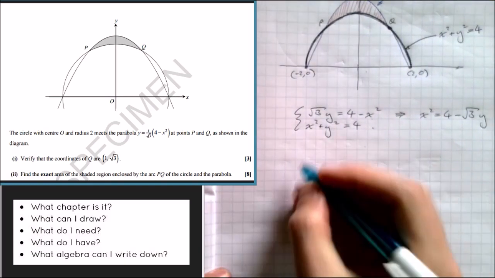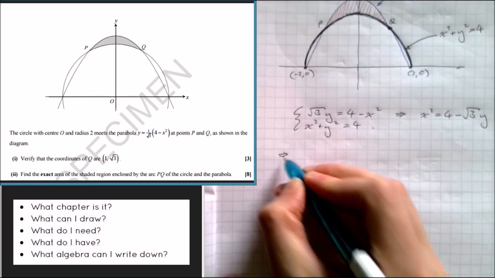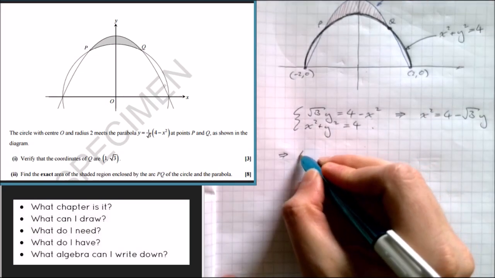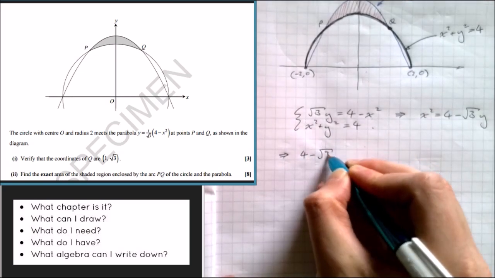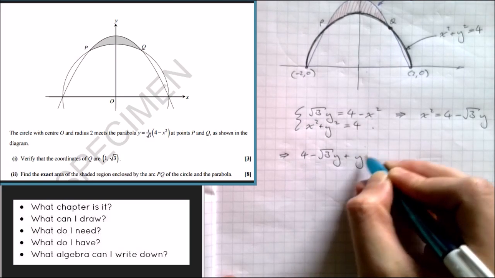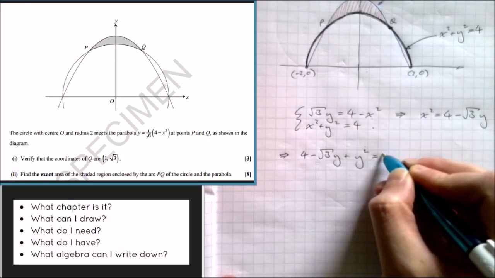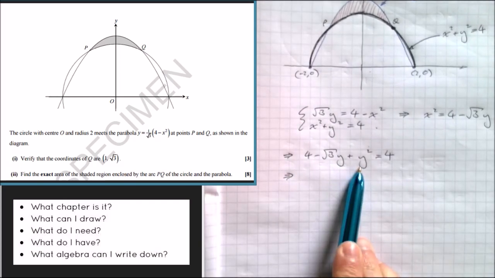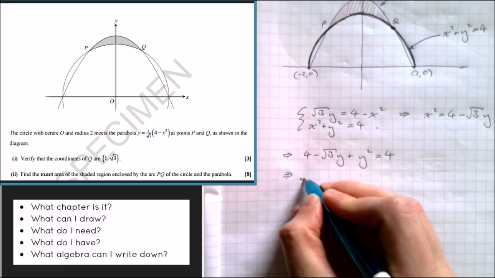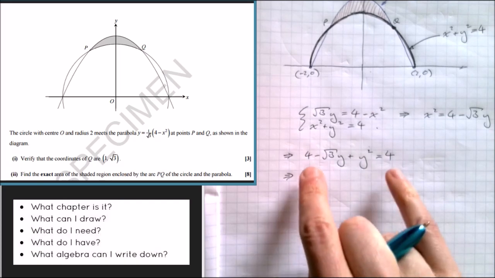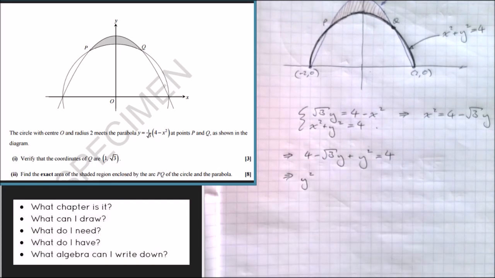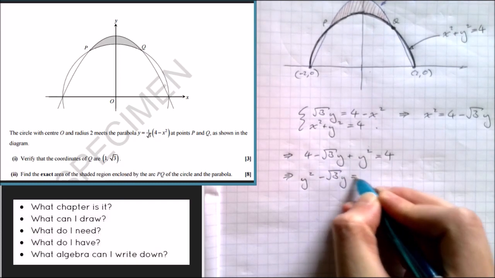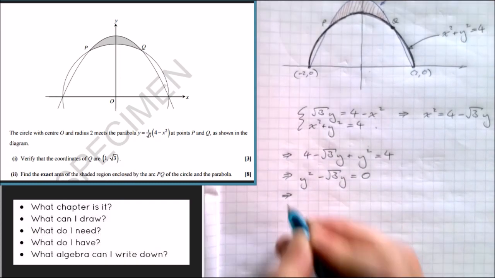The aim with solving simultaneous equations is to always eliminate one variable, so this will get me a quadratic equation with just y in it. So y squared, oh my god, the 4's cancel out, that's so nice. y squared minus root 3 y equals 0.